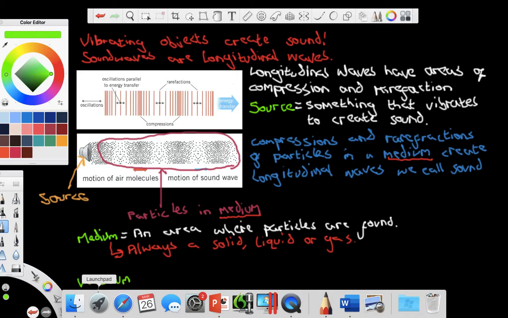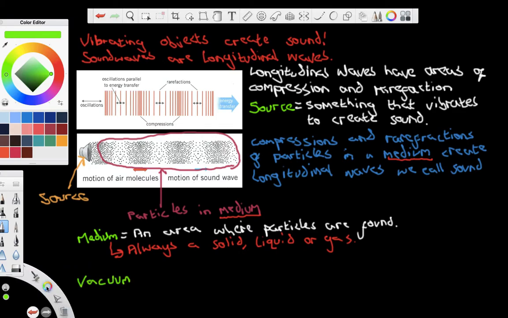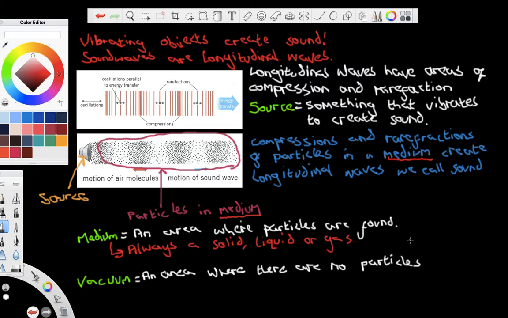Now, we can define a vacuum as an area where there are no particles. So a good vacuum example would be space. In space, there's no particles, therefore it's defined as a vacuum.